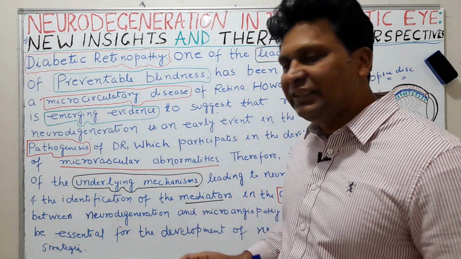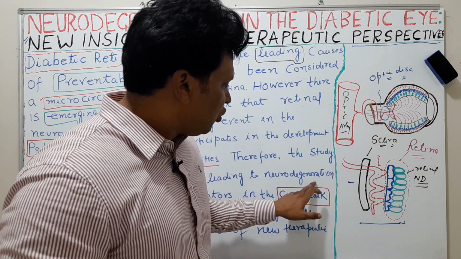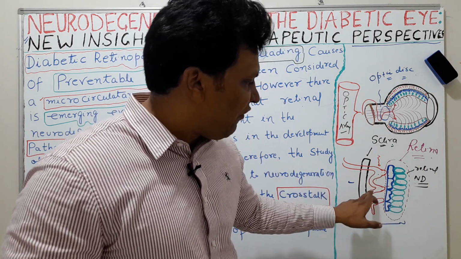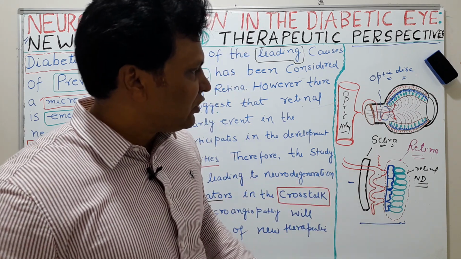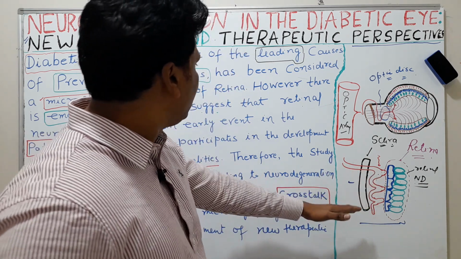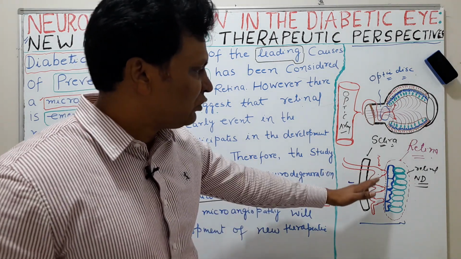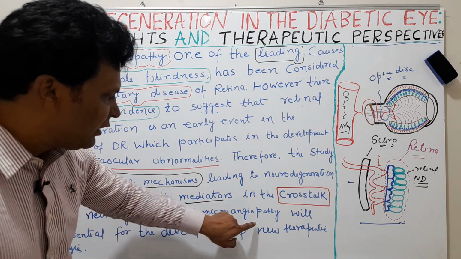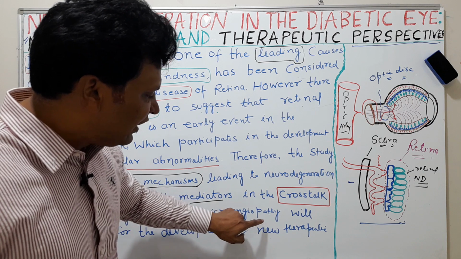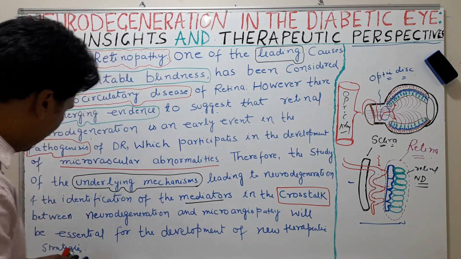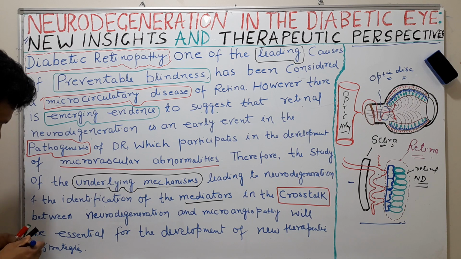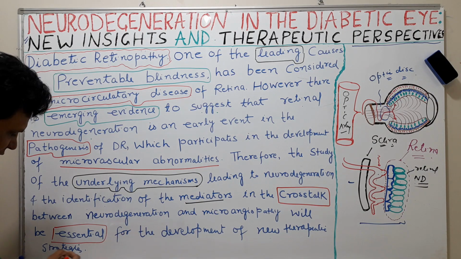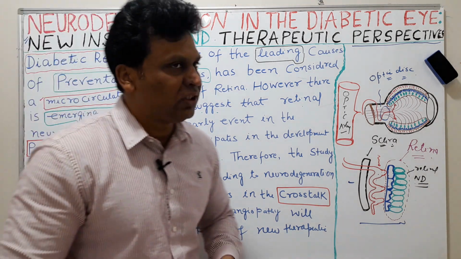So crosstalk means that a problem in retinal neurodegeneration affects another component, the blood vessels, that is the microcirculatory disease of the retina. Between neurodegeneration and microangiopathy, this small blood vessel problem, it will be crucial for the development of new therapeutic strategy.